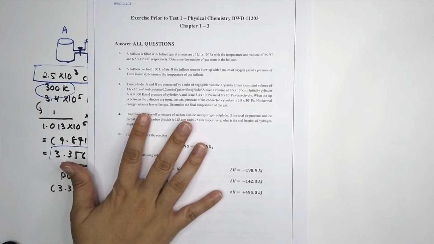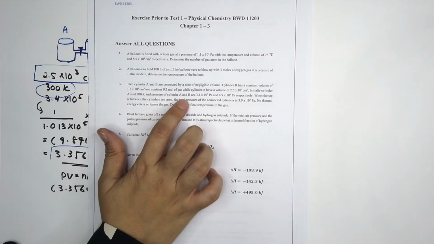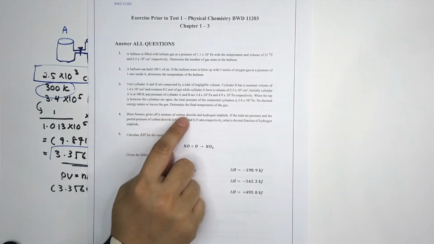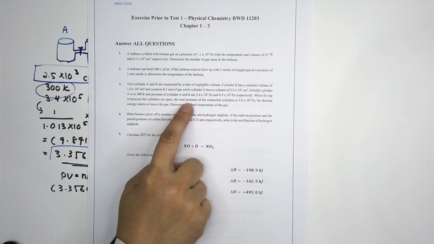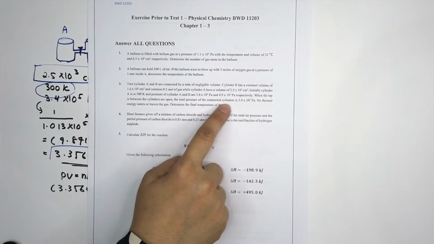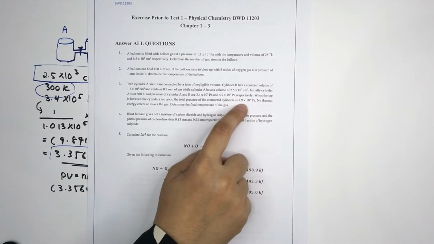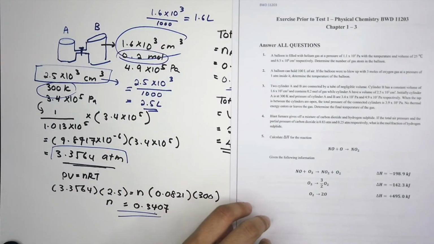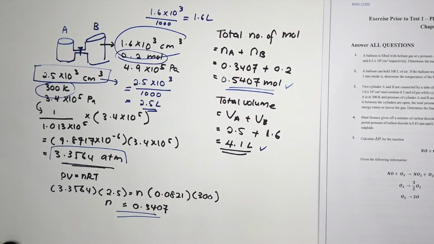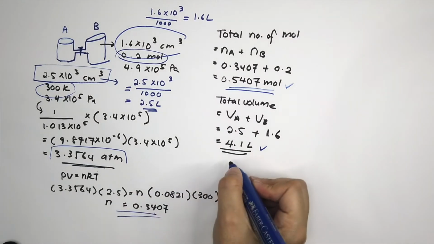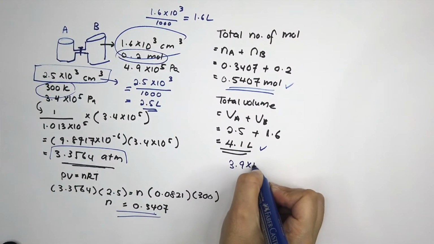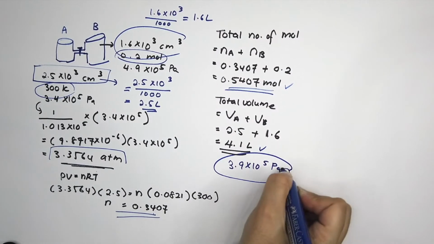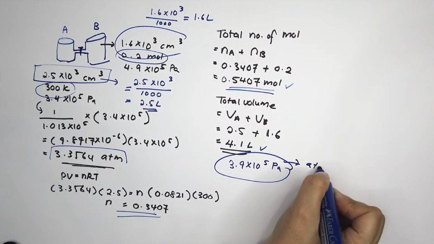From the question we can see the pressure of cylinder A and B, and then it states that the total pressure of the connected cylinder is equivalent to 3.9 times 10 to the power of 5 Pascal. So the total pressure is given in the question, which is 3.9 times 10 to the power of 5 Pascal. This one you need to convert to atm.